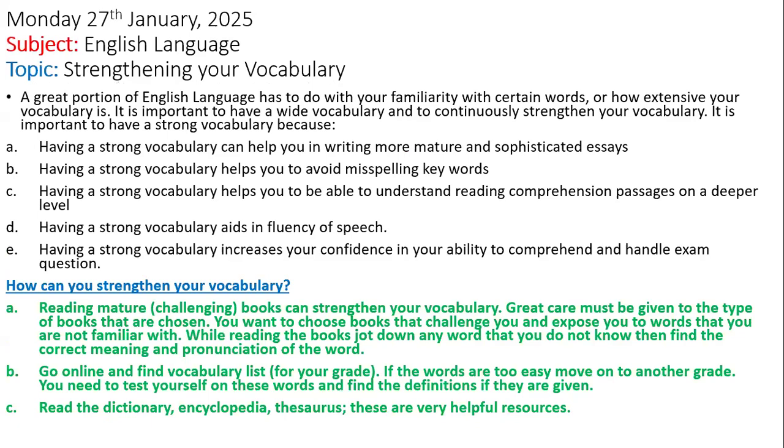Go online, look for vocabulary lists, words that you don't know, practice reading and understanding, and then create a list of your own personal words. You should have a list of at least 1,000 words that you didn't know, but that you know now. That would help you greatly for preparing for your exams, and training your vocabulary in general.